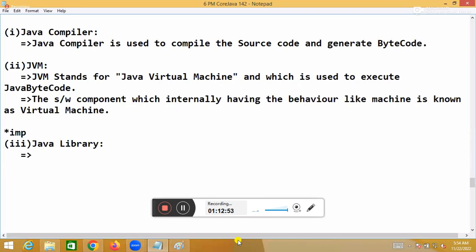The Java library provides predefined programming components which are already constructed and readily available for application development. They are available in one place known as the library. From that library, we take them and use them in our application development.